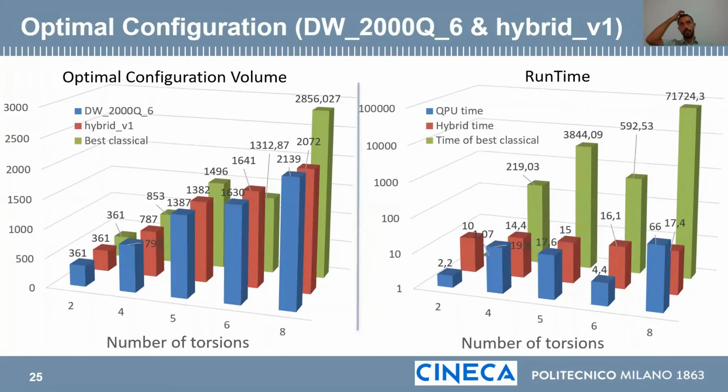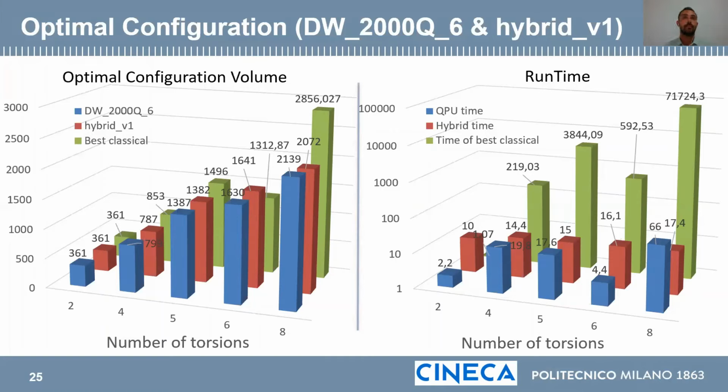So what about the D-Wave results? How do they compare with these classical ones? On the left, we show the optimal configuration volume found by the D-Wave and the hybrid solver, and we compare it with the best classical volume configuration that we obtained using the greedy approach.